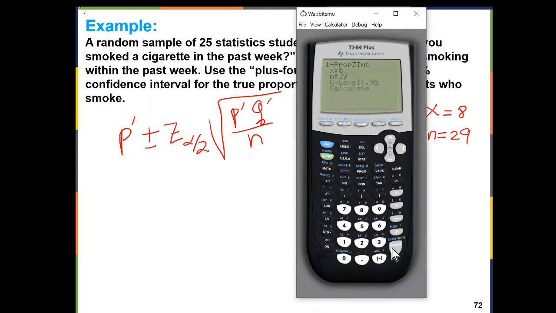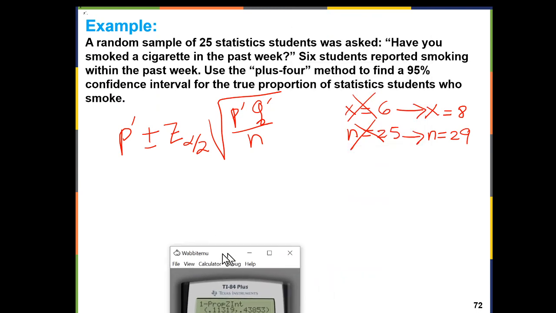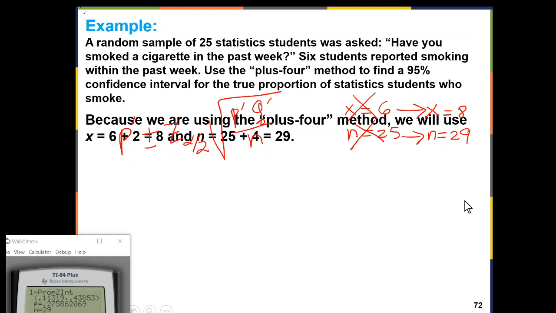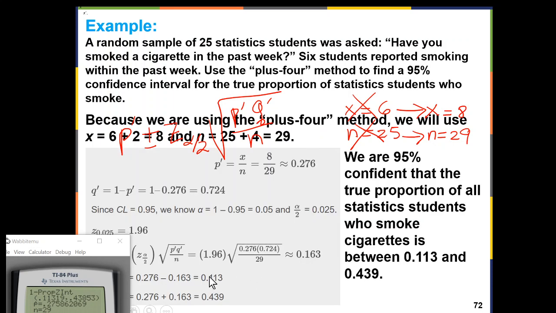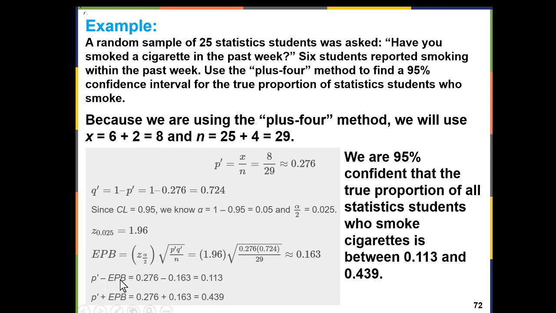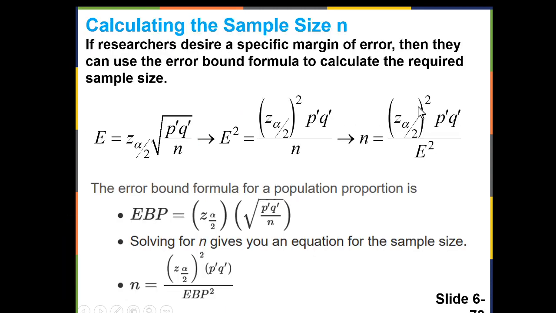All right, to calculate. There. That's what we're going to get. So it's between those two numbers right there. So between 0.113 and 0.439. And again, if you put all the numbers in the formula, you get the answer. All right? So let's continue. So that was the +4 method, right?